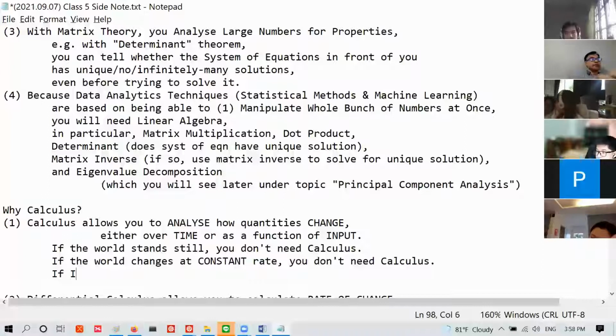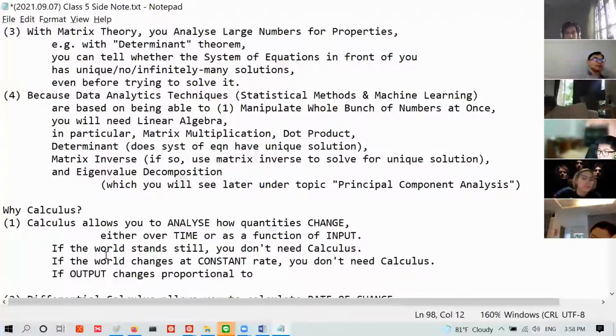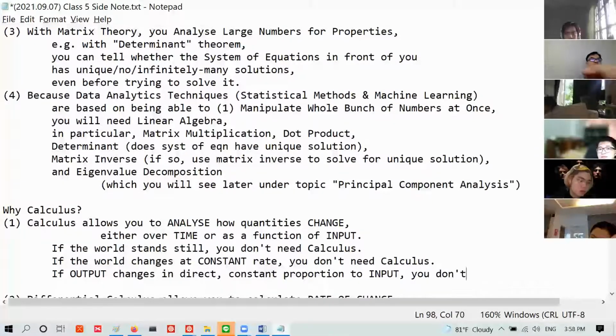If output is in direct constant proportion to input, we also don't need calculus.